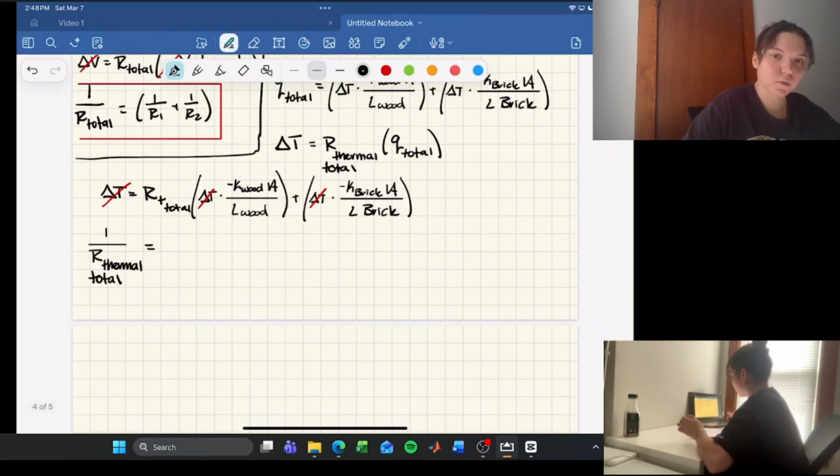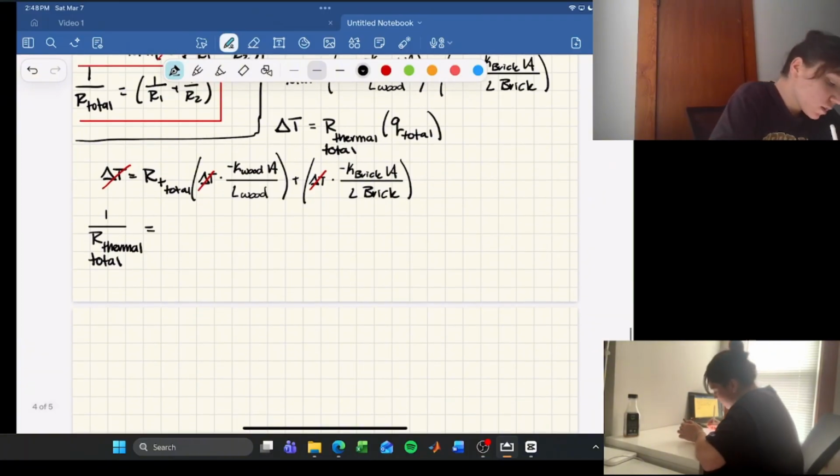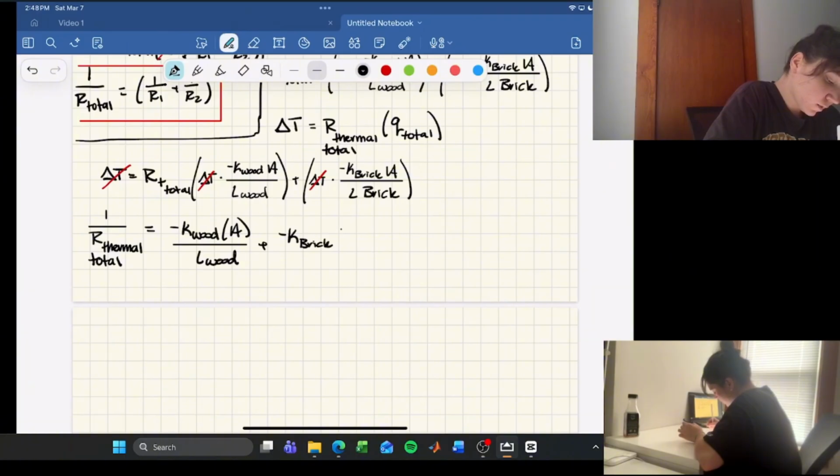where this is still the thermal conductivity of the wood times the area over the length of the wood plus the thermal conductivity of the brick times the area over the length of the brick.